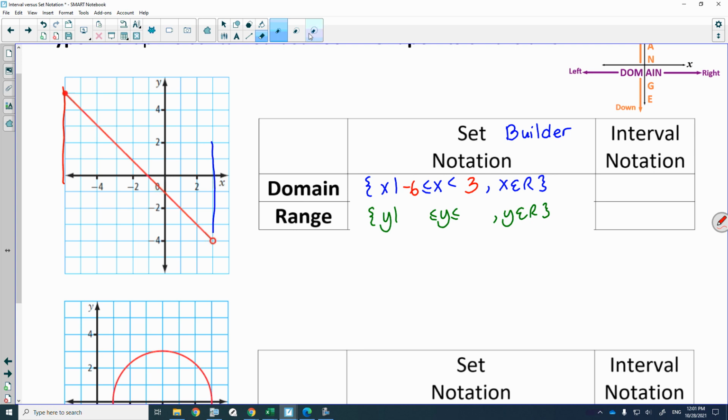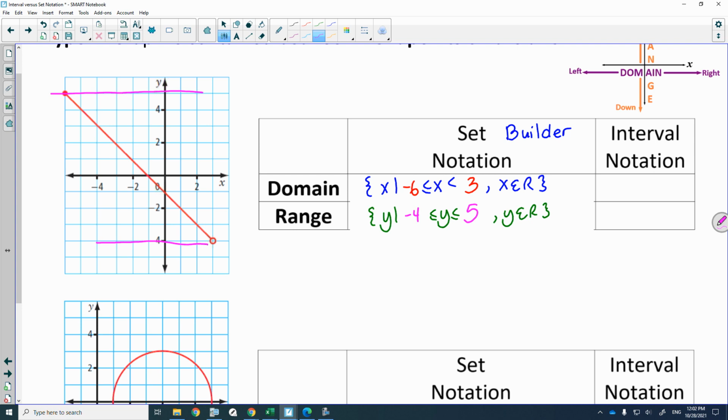Do the same for your range. Find your biggest and your smallest y value. And remember you're drawing horizontal lines to look where it cuts the y axis. So your biggest y value should be 5. Your smallest y value is -4.